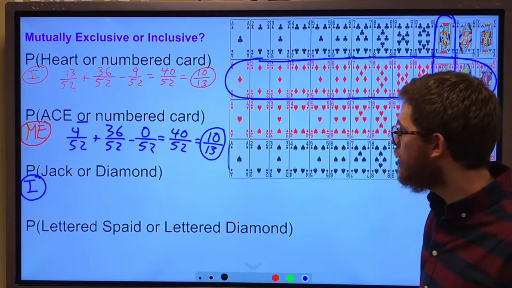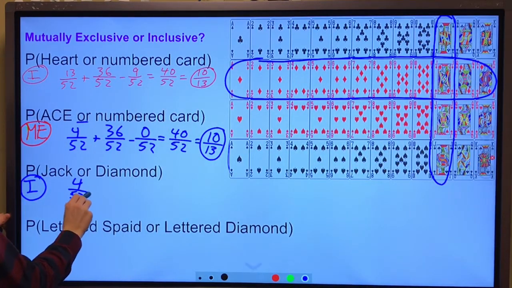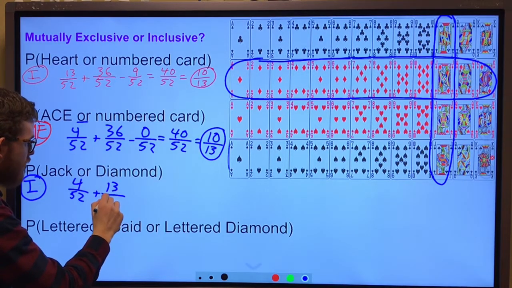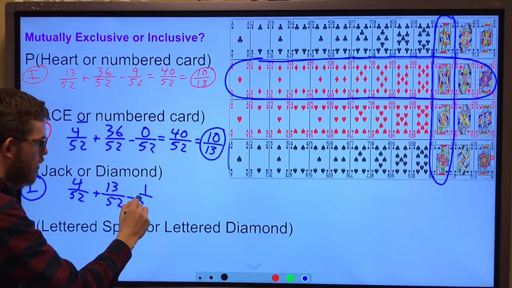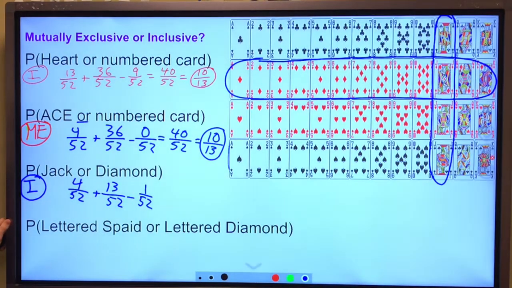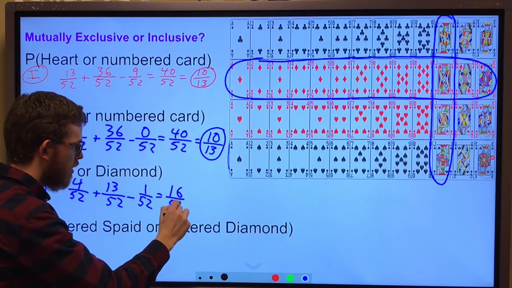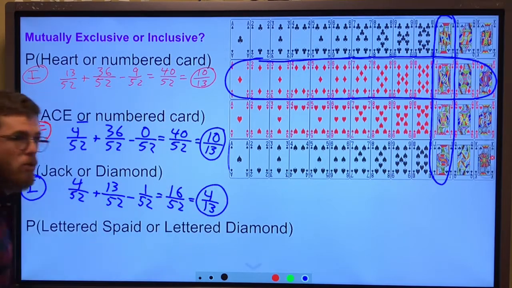And to find the probability, we find the probability of getting a jack, which is 4 out of 52. We add to the probability of getting a diamond, which is 13 out of 52. And we subtract away the overlap, which is just 1 out of 52. This gives us 16 out of 52, which reduces to give us 4/13.